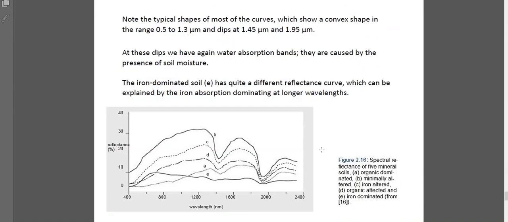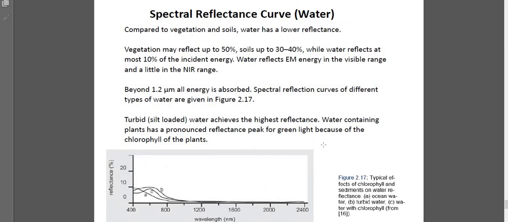So next one, here is also an explanation of that. Here we have ocean water A, turbid water B, and water with chlorophyll, water with many plants, like a lake which is full of water lettuce plants and so on.